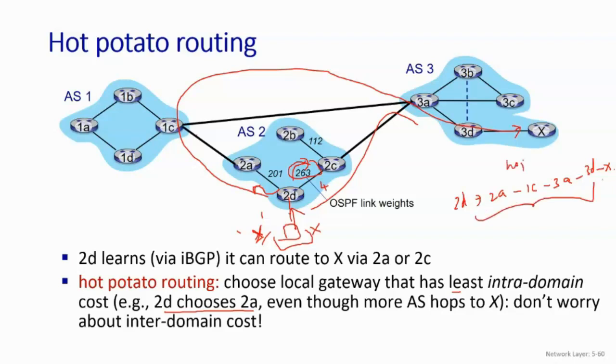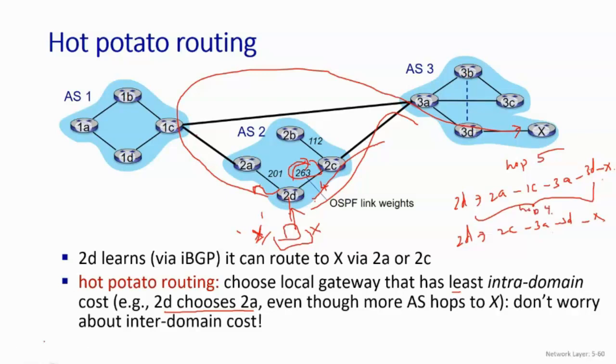But if it chooses 2D to 2C and then 3A, then 3D, then X, the number of in-between links is 1, 2, 3, 4.